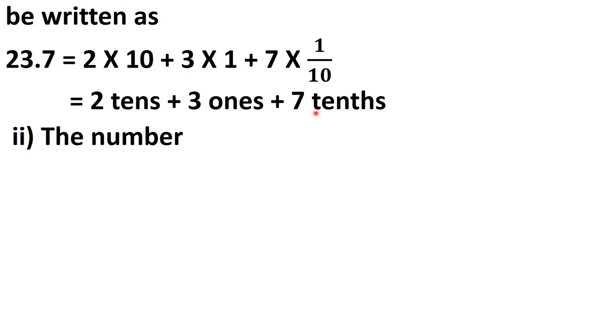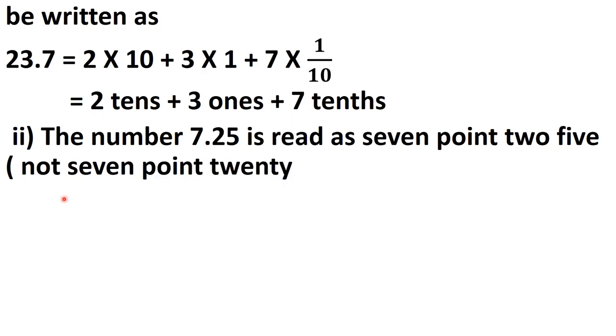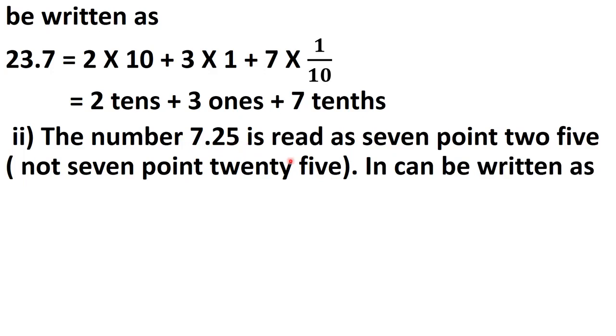See one more example. The number 7.25 is read as seven point two five, not seven point twenty-five. We read the digits after the decimal point separately.